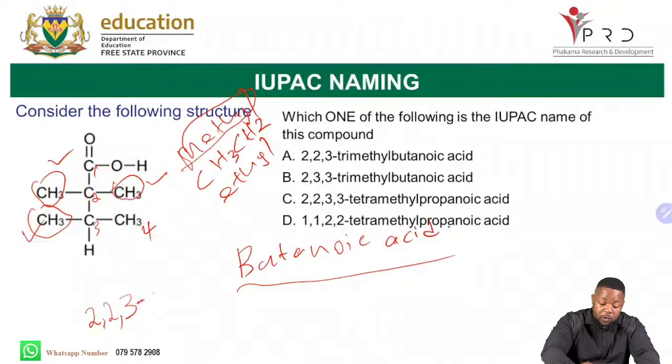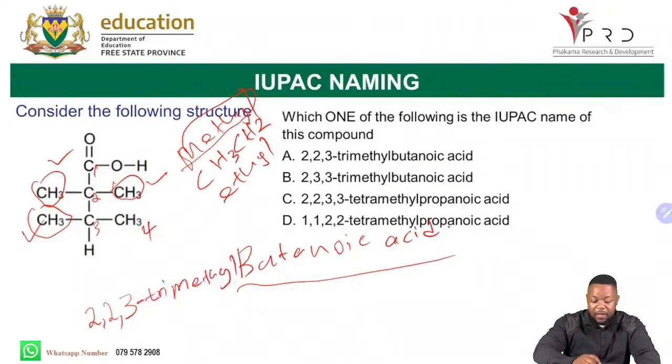There are 3. So for 3, we're going to say tri. And the name of the branch there must be a what? A methyl. So be careful that when you write a letter and a letter, we do not put a comma or a hyphen. So the name of this molecule, as we have named, will be 2, 2, 3-trimethylbutanoic acid.